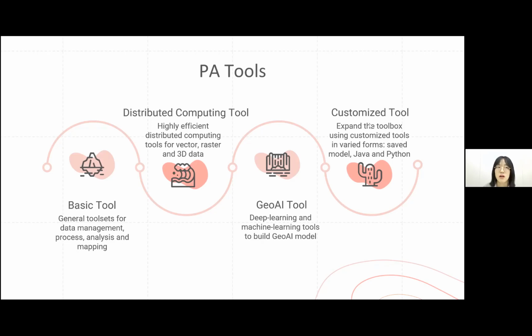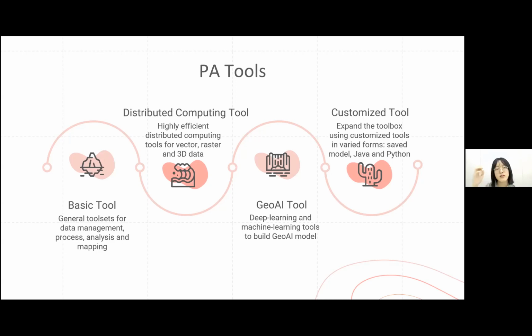And you can not only create your own tool by saving the model, but also if you are good at programming, then you can create your own tool using Java and Python as well. And that's a really advanced skill, so we won't talk about them today. Just let you know, there are a lot of tools you can use and create by yourself.